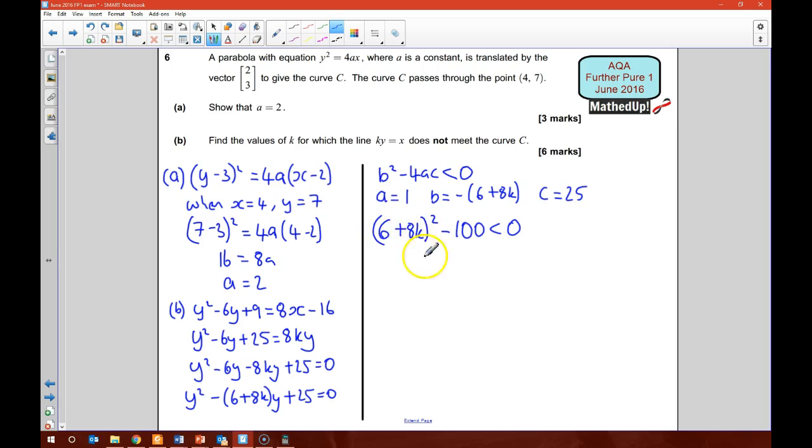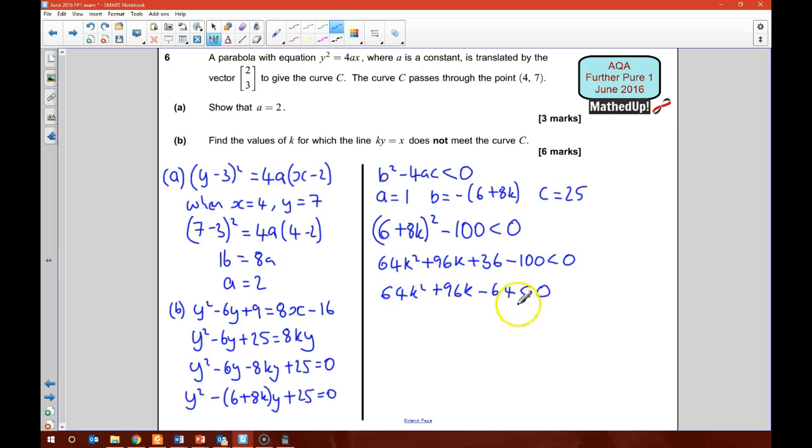So if I expand this part out now, I get 64k squared plus 48k plus 48k, so plus 96k, plus 36, subtract 100 is less than 0, or 64k squared plus 96k subtract 64 is less than 0.